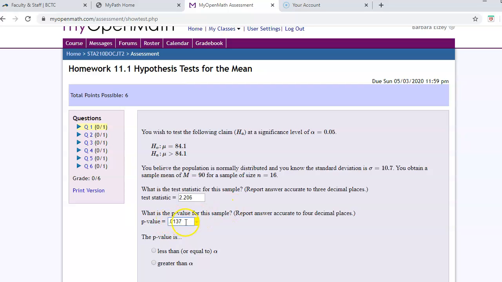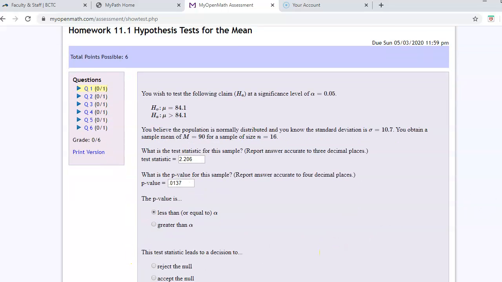Okay, now let's compare this p-value. If it helps you in comparing numbers, just compare the first 2 decimal places. 5 is bigger than 1, and therefore this p-value is smaller than 0.05. So the p-value is less than our alpha.